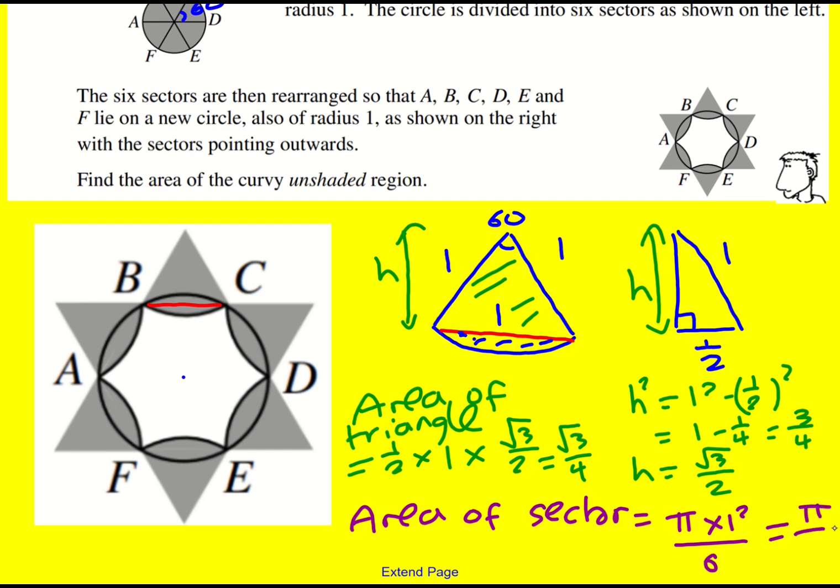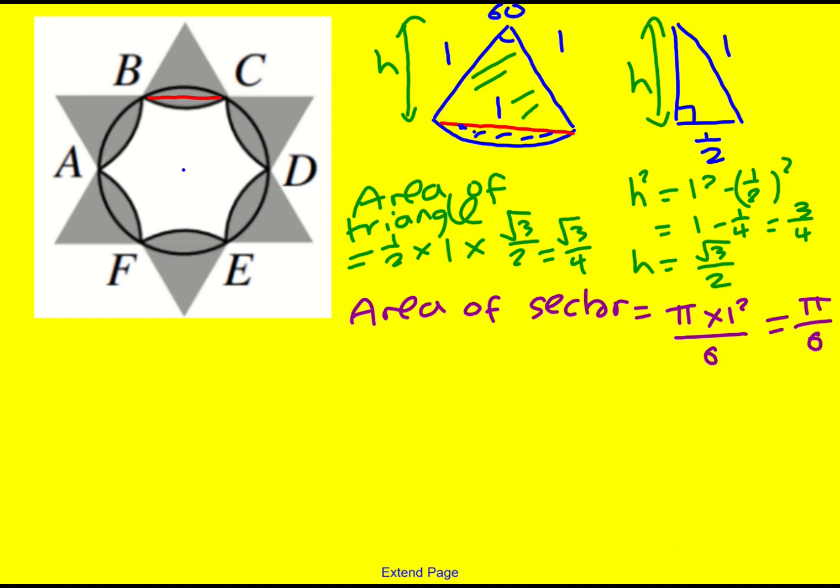So pi over 6. Okay, and we're getting there because that means the blue area is going to be pi over 6 minus the area of the triangle, root 3 over 4.